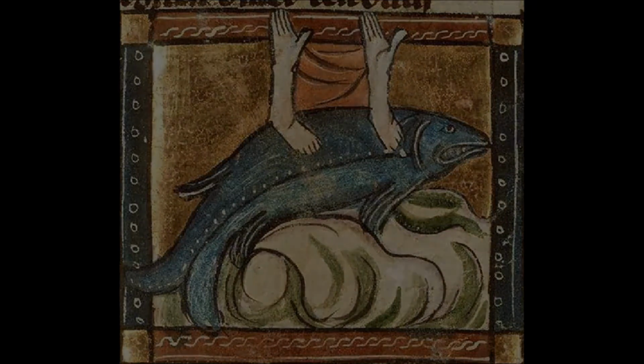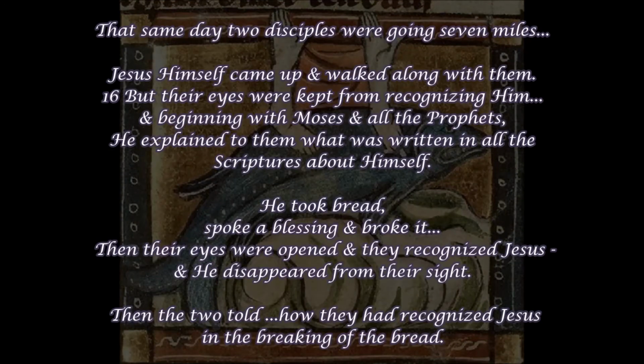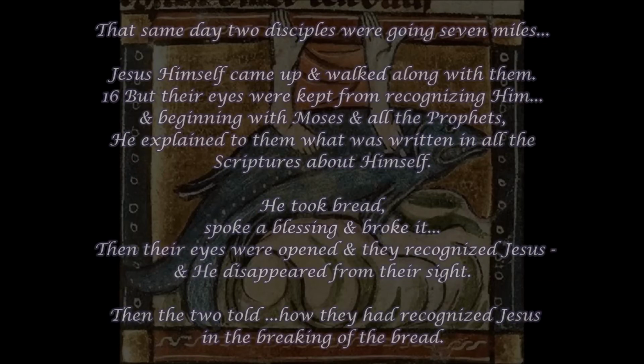Let's look at that scripture one more time. What the passage says is that these two disciples were walking for miles. Jesus joined them and walked with them, but they didn't recognize him. But he spent how much time, beginning with Moses and all the prophets, explaining to them what was written in the scriptures. So he apparently talked for quite some time.